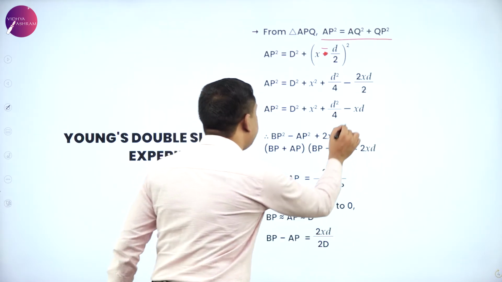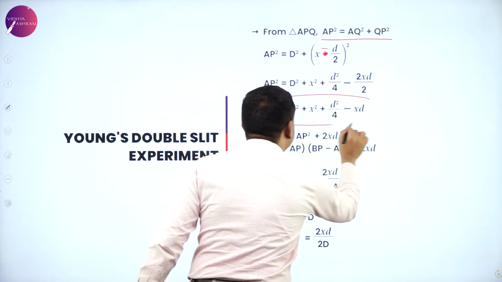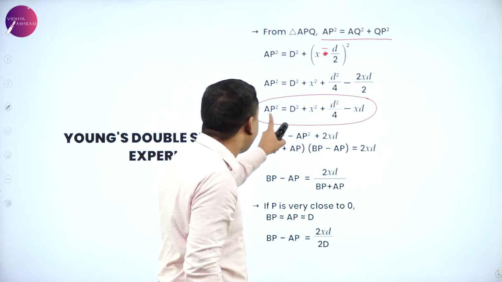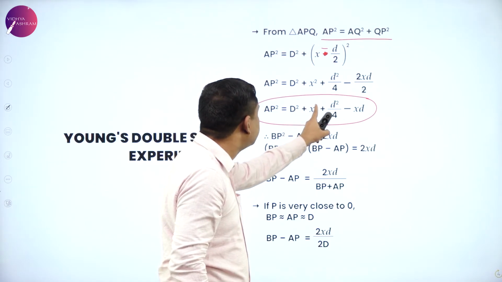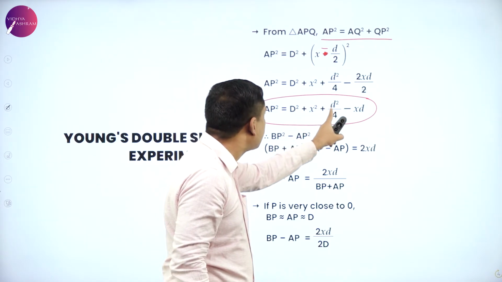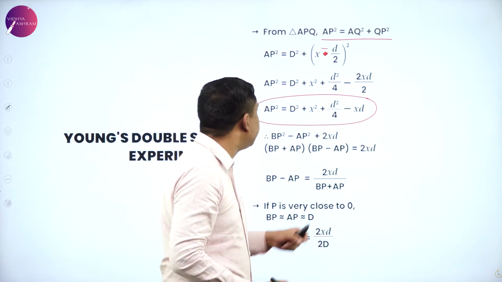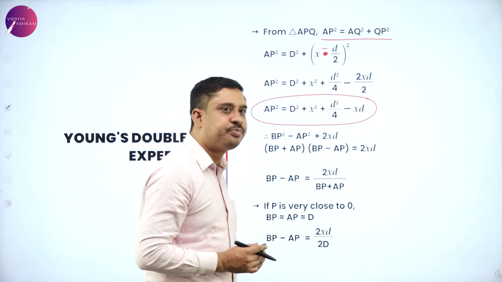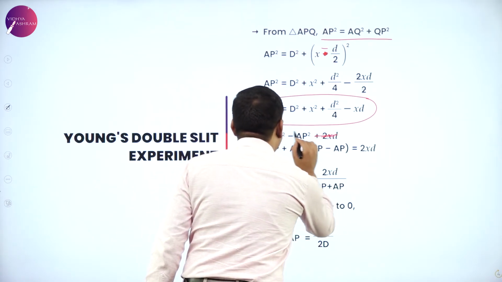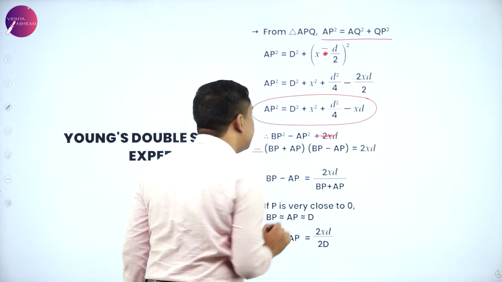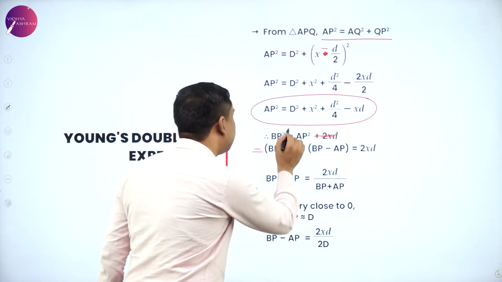And when you simplify, AP square equals D square plus X square plus d square by 4 minus Xd. Now just look at this. BP square minus AP square.